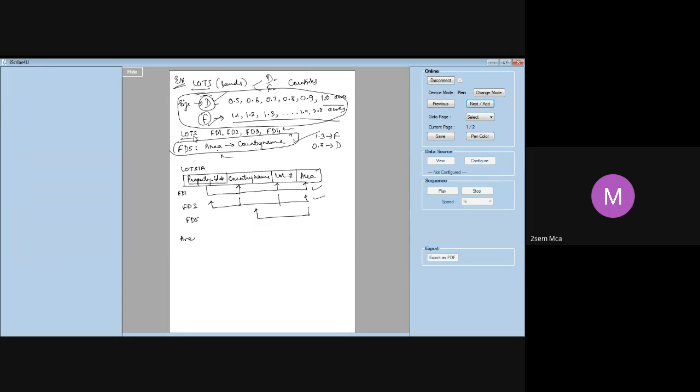Area determines country name, here I have written this FD5. It is still in 3NF because the general definition of 3NF is that either X should be a candidate key or Y should be a prime attribute.